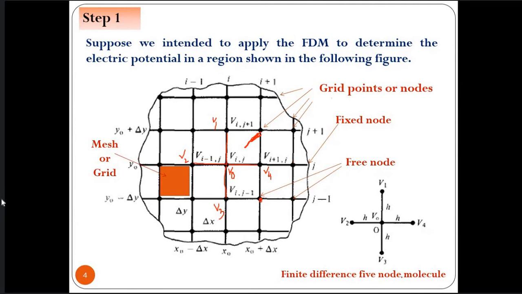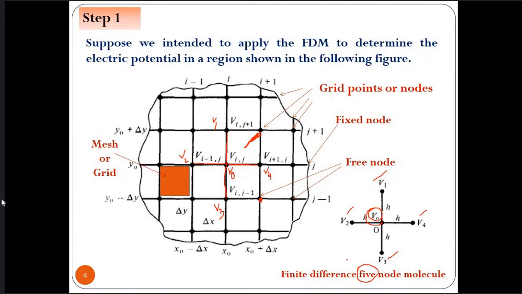And that's why it is called a 5-node molecule: this is 1 point and the remaining 4 points, so a total of 5 nodes. So the potential of a particular unknown or free node depends on the neighboring nodes V1, V2, V3, and V4.